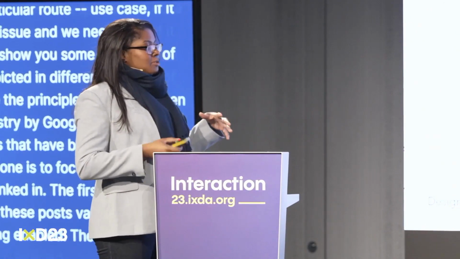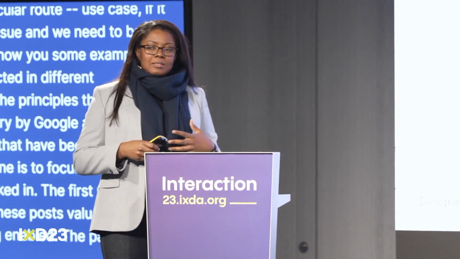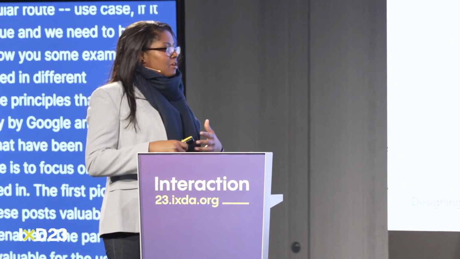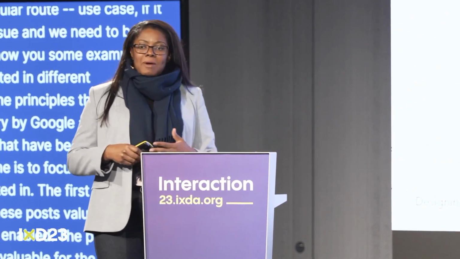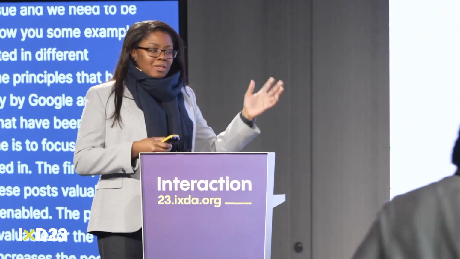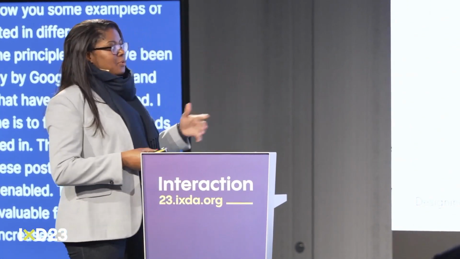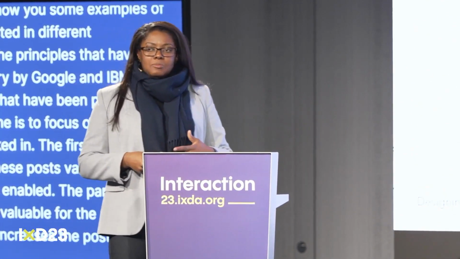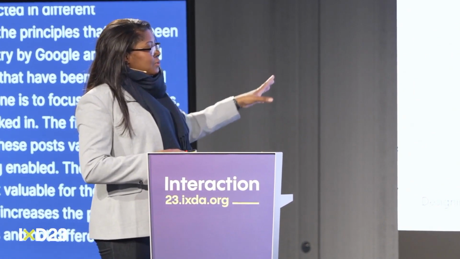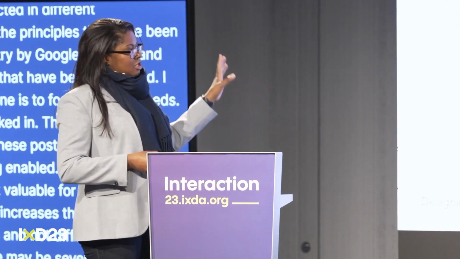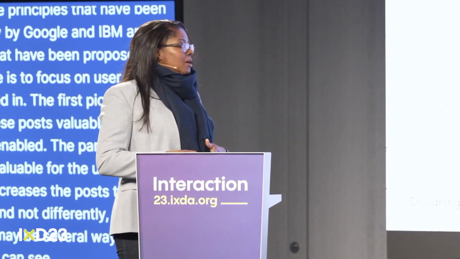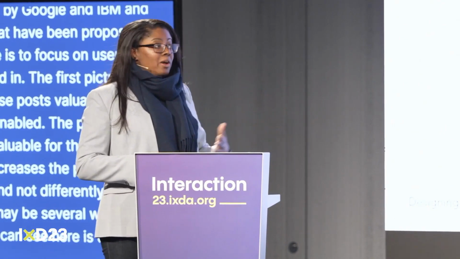So the model is being shaped in a way that increases the posts that are perceived as most valuable by users. Although behind the scenes, of course, there may be several ways that this model is being optimized, what we can see here essentially is that users are asked if this information that is presented to them is valuable or not, and then followed up with some other questions like why yes or why not.